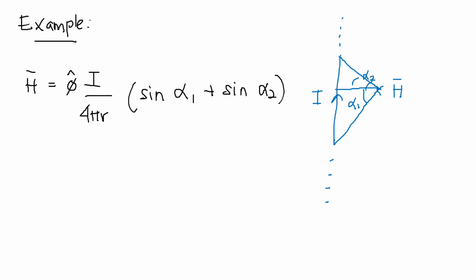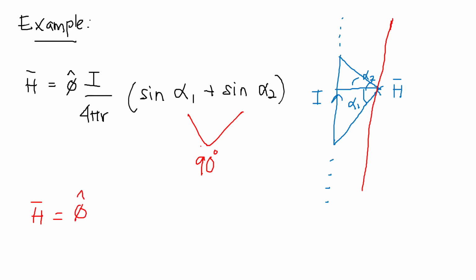This will give the value of alpha 1 and alpha 2 equal to 90 degree because it's a very long line, parallel to this I. Thus, H for the infinite line will become I over 2 pi r. So this is the H that we get using the Biot-Savart's law.